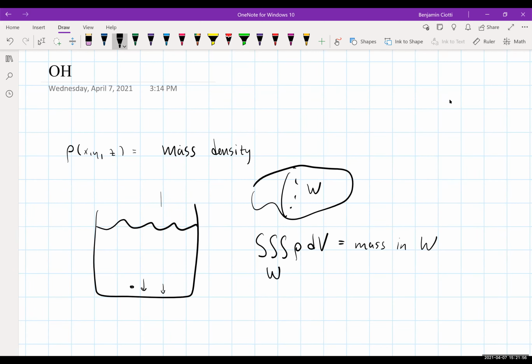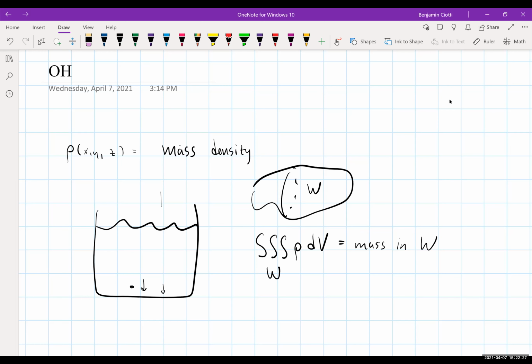So that would be an example of a triple integral calculation that would yield the total mass contained in some region. So then you just need a function that defines some kind of behavior that exists inside of or is a part of a three-dimensional object. So mass density is one such example of a function that's defined on space.